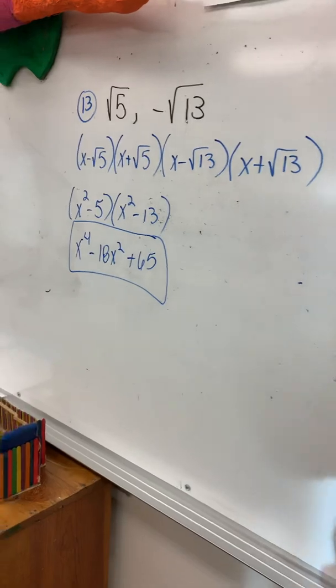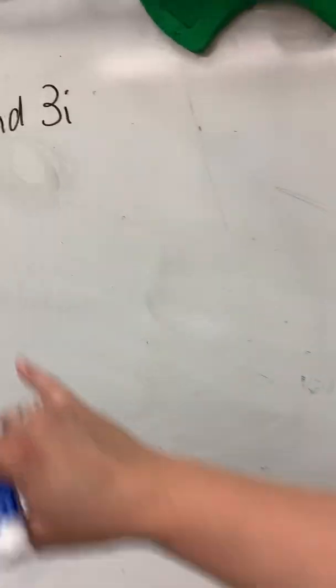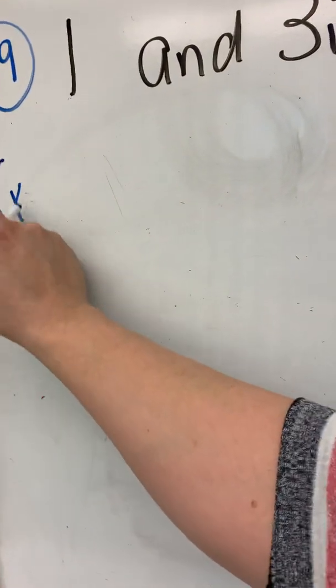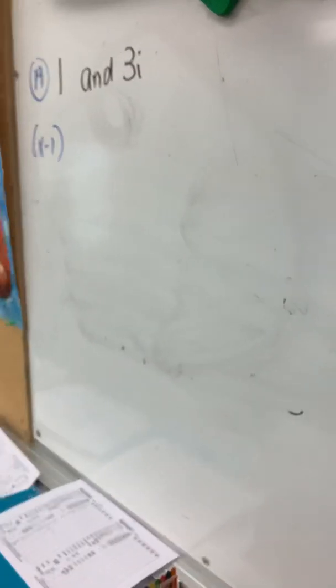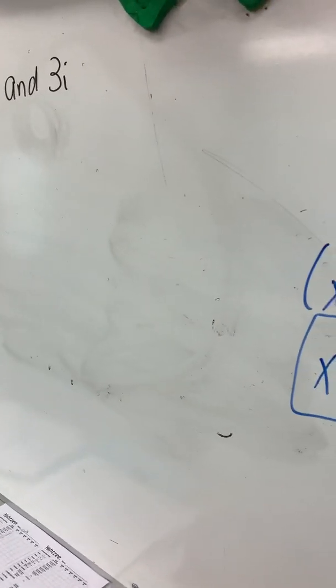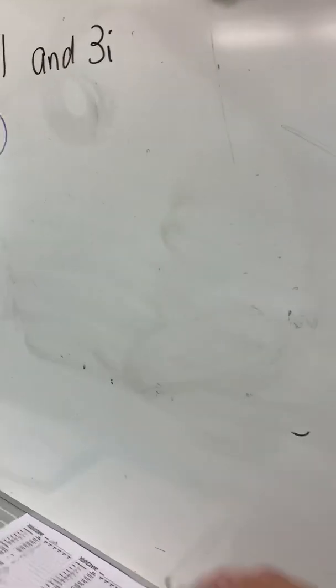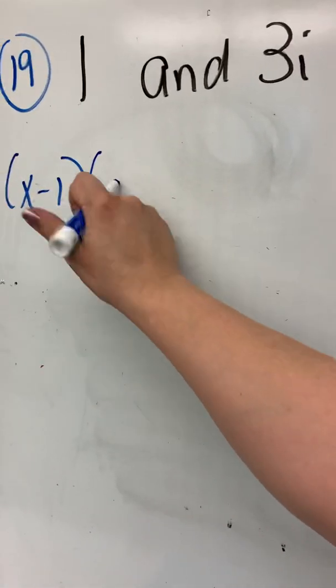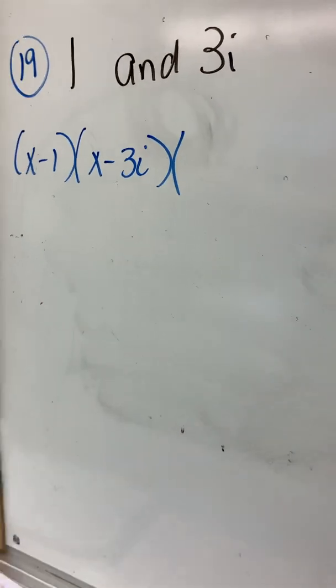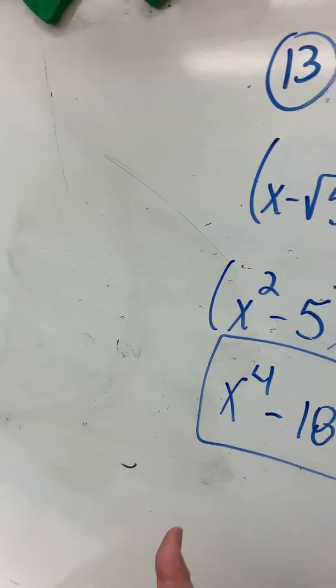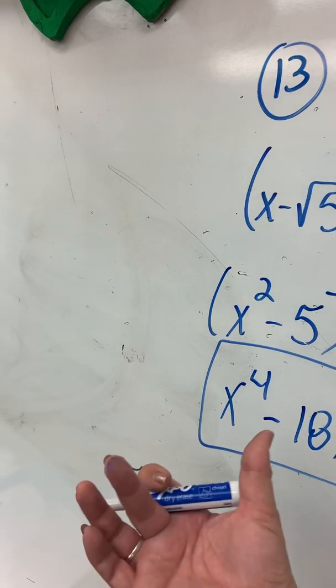And number 19. So this is 1, 0. So that was normal. And then we have a 3i. So I know it's going to be x minus 3i. I also need to have its conjugate. Okay, got to have its conjugate.